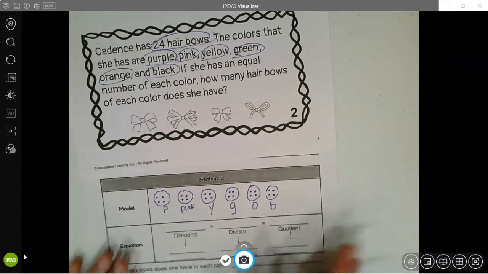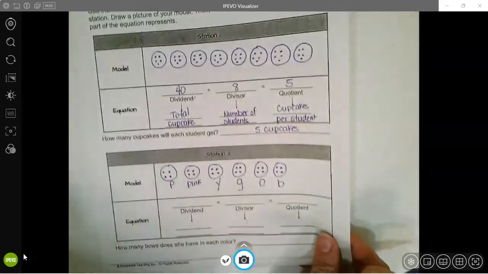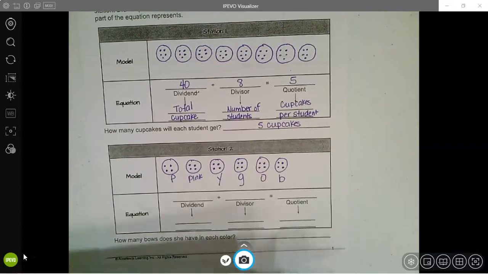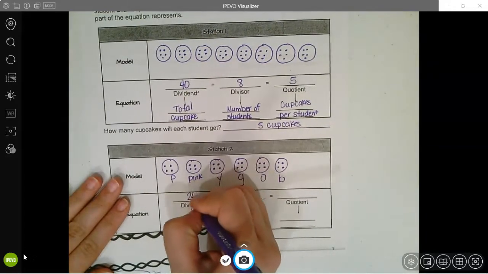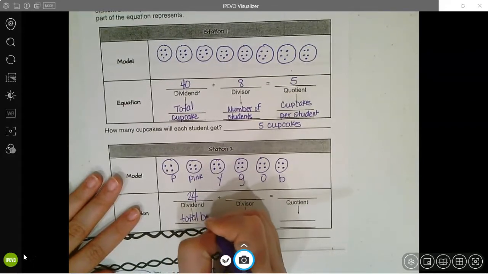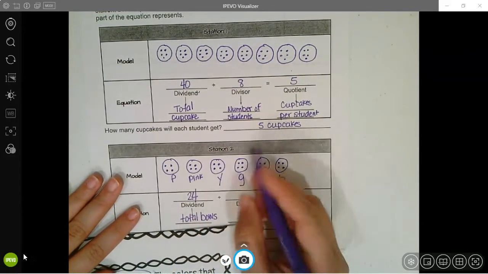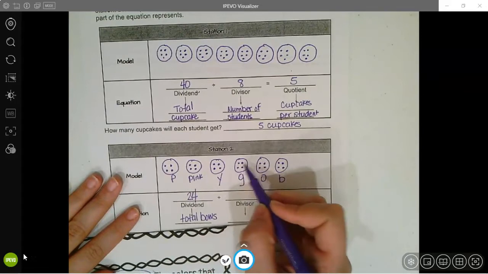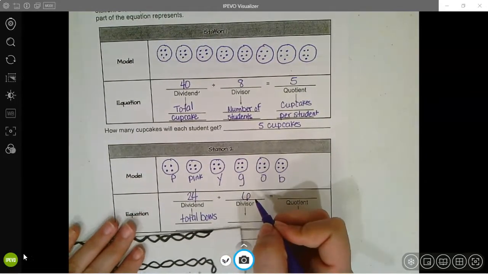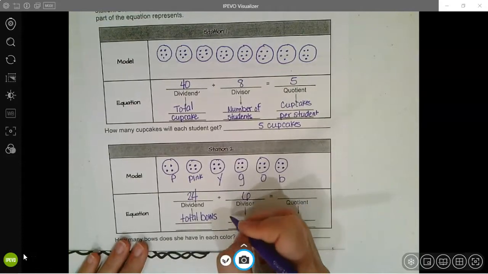Okay, so that means that my dividend was the total number. So I had 24 total bows. That was the total bows. My divisor was 6 because I'm dividing the bows into 6 colors.